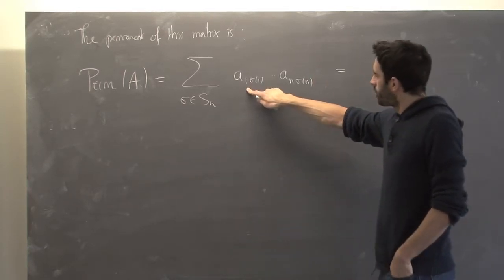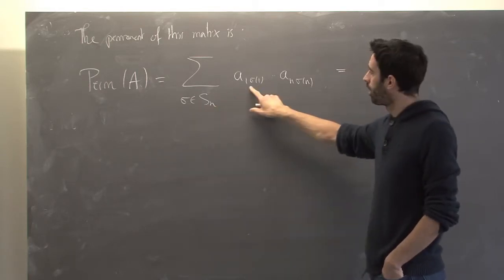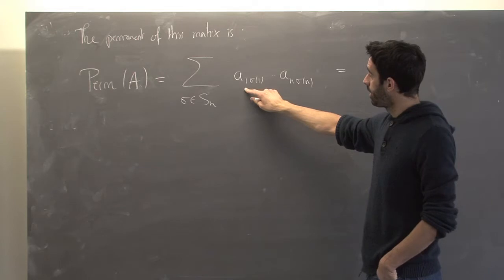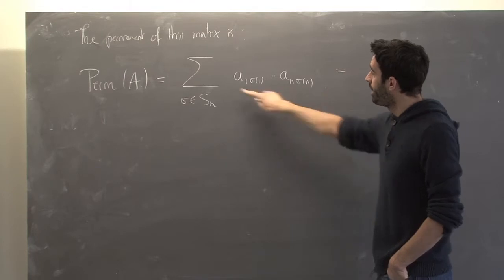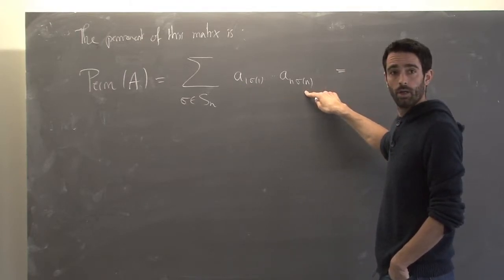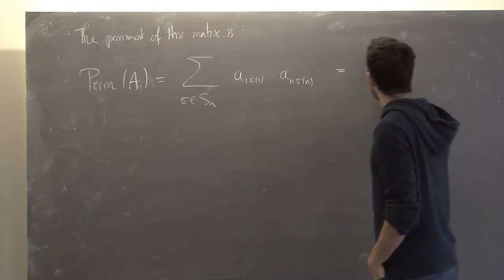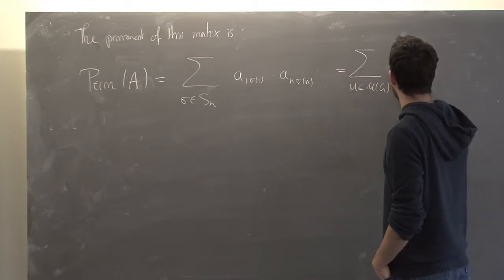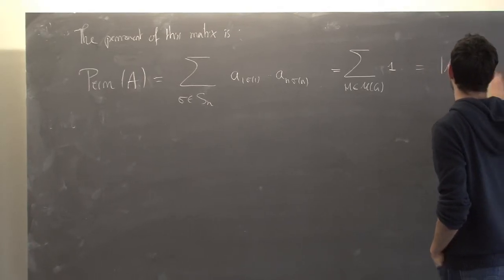If this permutation sigma is actually supported by a perfect matching, meaning there is an edge between 1 and sigma(1), there is an edge between 2 and sigma(2), between n and sigma(n), then we'll have a 1 here. This will be 1. If this permutation is not supported by a perfect matching, we have 0. So what do we have here? We have a sum over all perfect matchings on the graph of 1. So we have the number of perfect matchings.